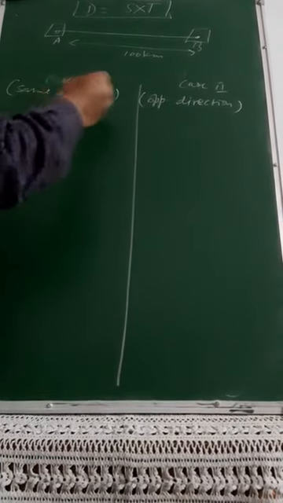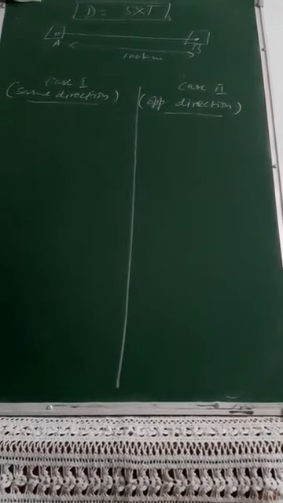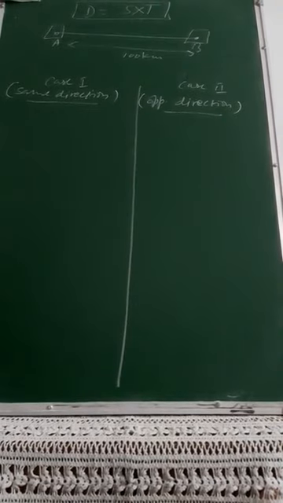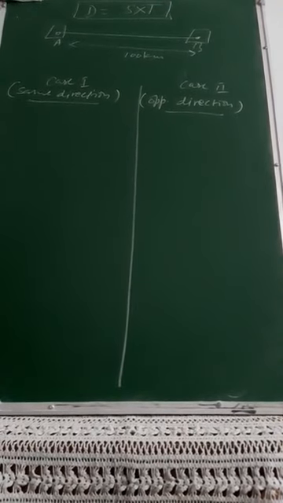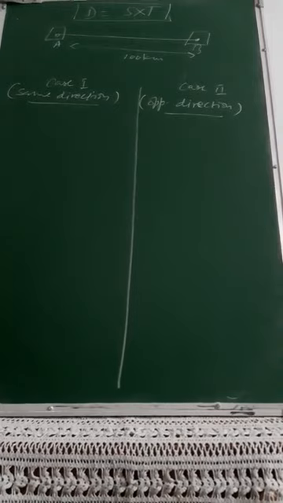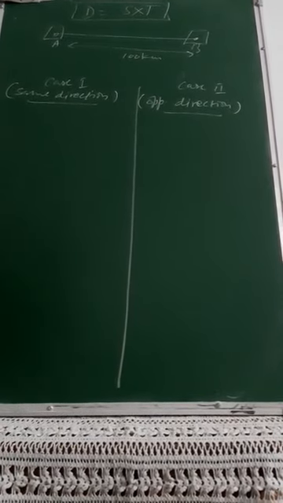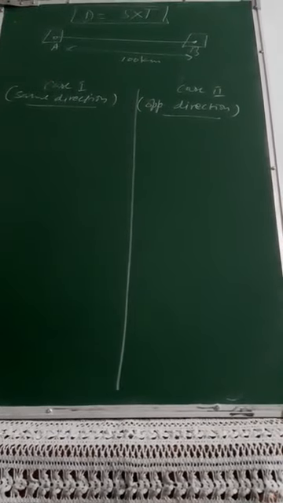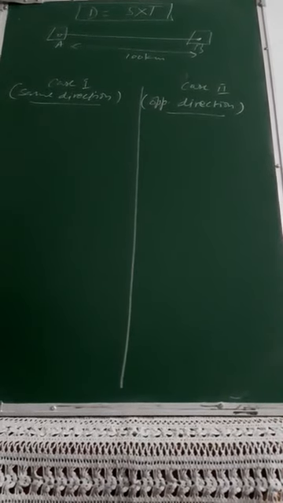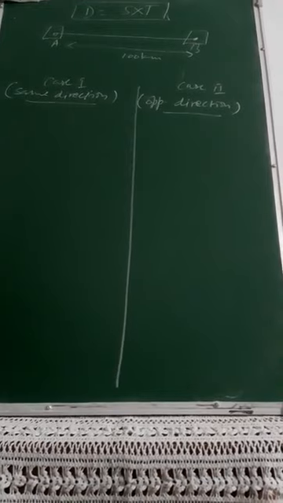These are the two conditions given to me. When the cars are traveling in the same direction, they meet in 5 hours. And if they are traveling in the opposite direction, they meet in 1 hour. Fine. What I need to find is the speeds of the two cars.